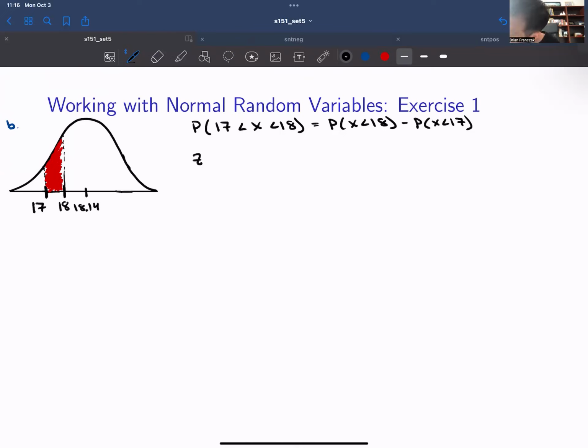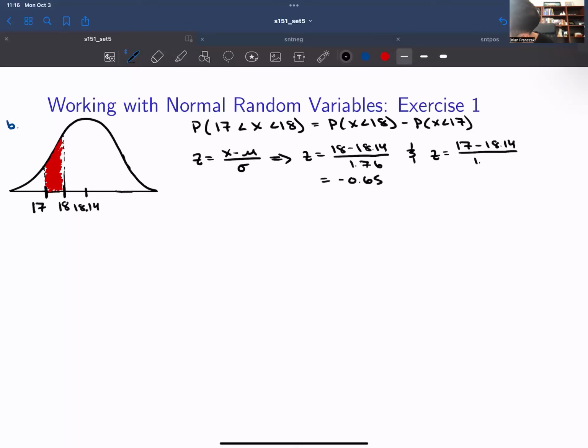So we have z is x minus mu over sigma. So z is equal to 18 minus 18.14 over 1.76. This gives us negative 0.65. And z is equal to 17 minus 18.14 over 1.76.